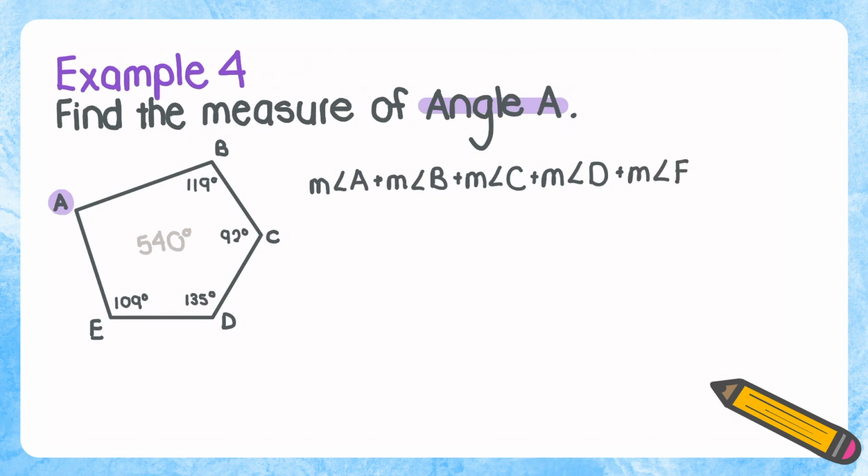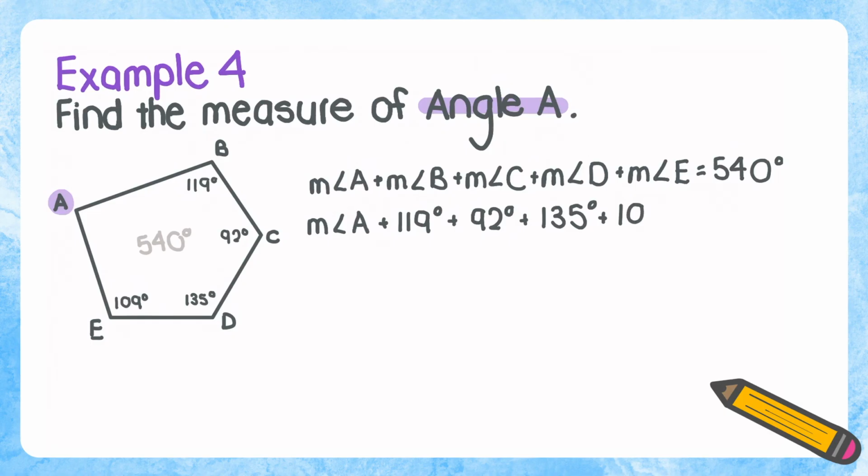It's similar to the examples we did in the last lesson, just with more angles. We don't know the measure of angle A, but I know that the measure of angle B is 119 degrees, the measure of angle C is 92 degrees, and the measure of angle D is 135 degrees. The measure of angle E is 109 degrees. This all sums to 540 degrees. Let's simplify this by adding all of this together.